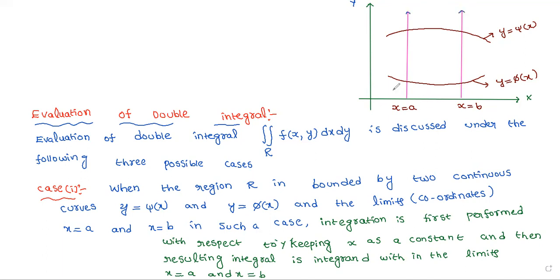Two curves are here, so one region is formed, A, B, C, D. The region capital R is bounded by two continuous curves, y equal to psi of x and y equal to pi of x, with limits x equal to a and x equal to b. In such a case, integration is first performed with respect to y. So first find this one strip PQ, this area, and next find the whole area.